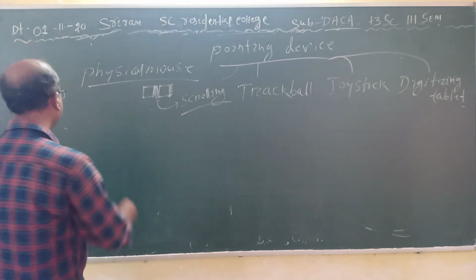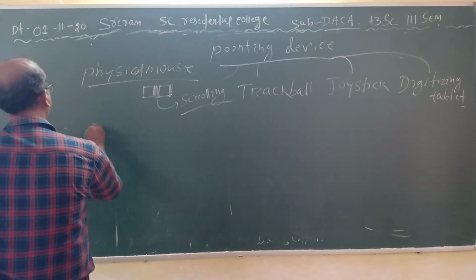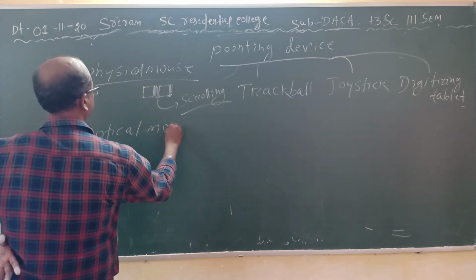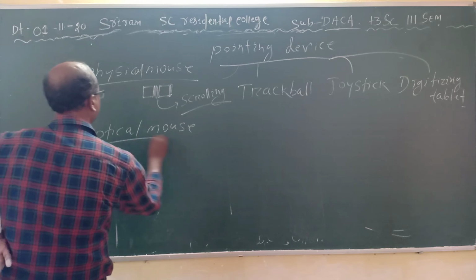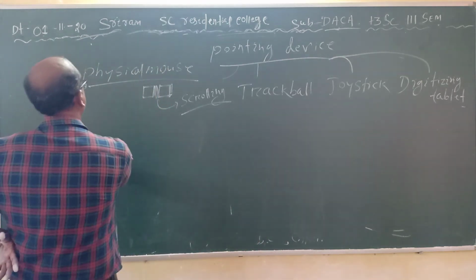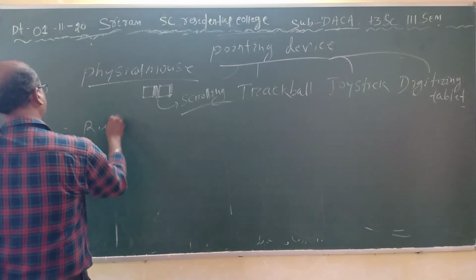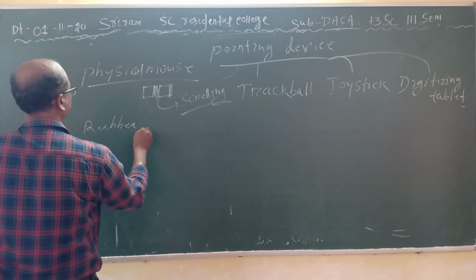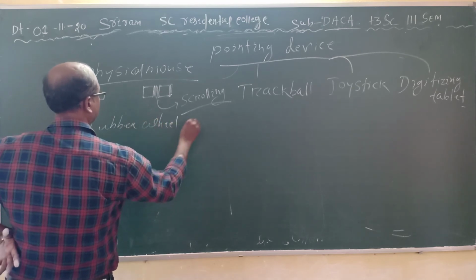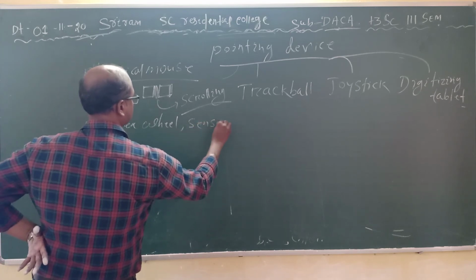But another kind of mouse you can see in the market, that is the optical mouse. In a physical mouse, at the bottom there is one rubber wheel and one sensor.